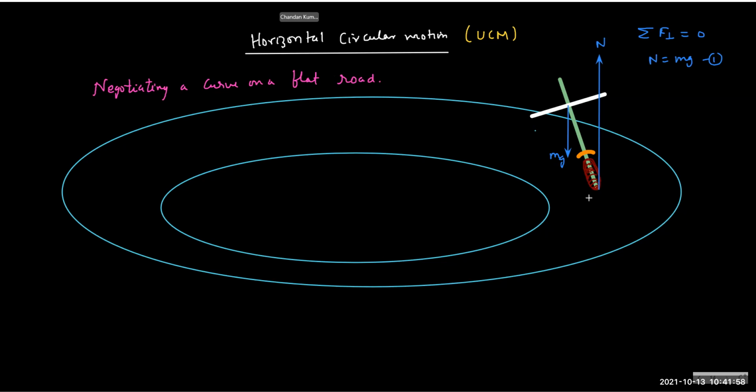Because the bike is trying to tilt towards the right, friction will act towards the left. Now you may ask, why not like this? Why not this way? Why only towards the center? Why will friction act towards the center only?